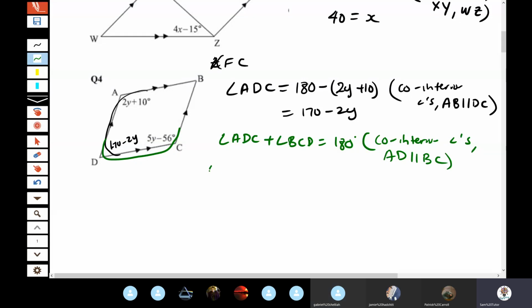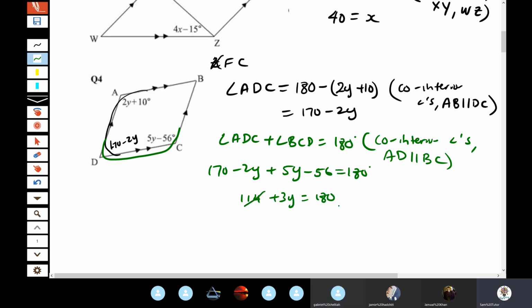All right, easy. 170 take away 2y plus 5y take away 56 equals 180 degrees. 170 take away 56, 114 plus 3y. Then we're going to subtract.